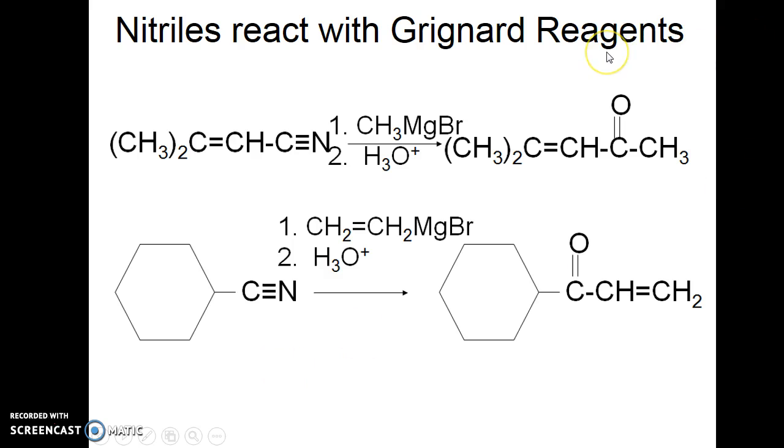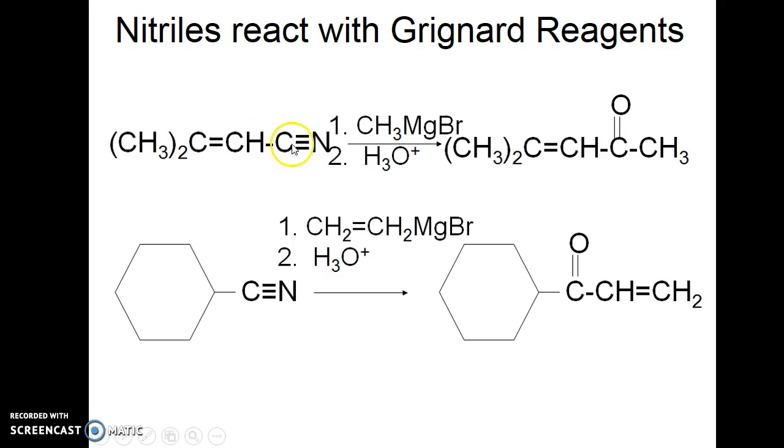Nitriles will react with Grignard reagents too. Here's the nitrile. Notice that it does not take the carbonyl down. The nitrile stops at the ketone stage, and you end up making a ketone after attack with the Grignard reagent. And I'll show you why in just a minute. But let's go ahead and look.